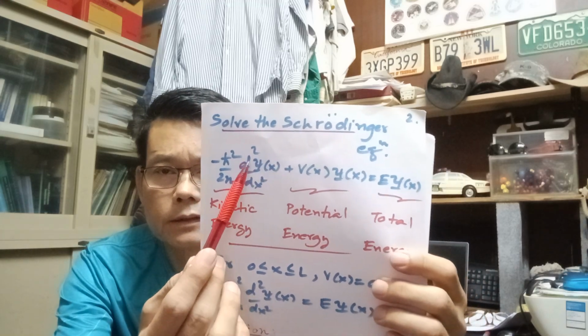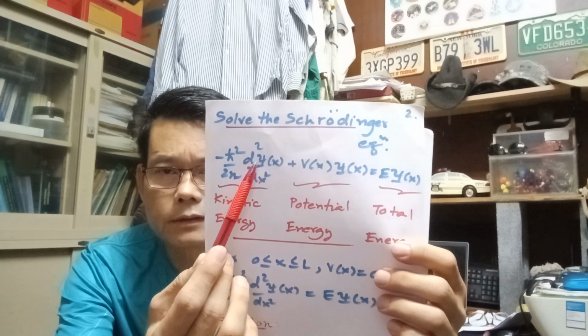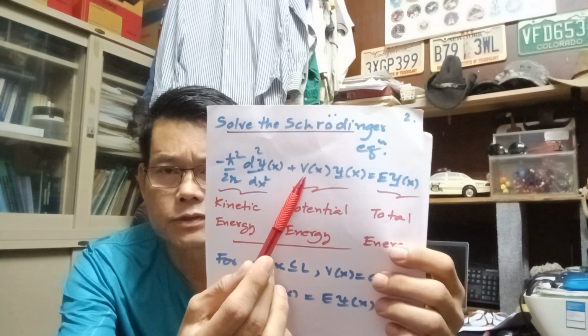You can see that the first term is the kinetic energy, and the second term is the potential energy, because in general the total energy is equal to the kinetic energy added to the potential energy, right? That's a very simple equation. The Schrodinger equation looks very complicated, but it's not.